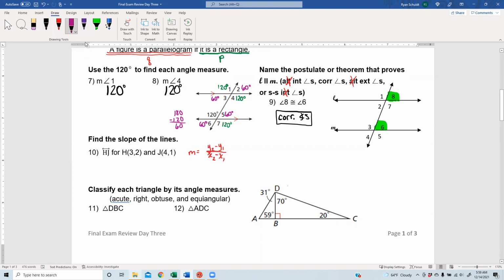So let's label our points: x1, y1, x2, y2. And then we can plug into our formula. So 1 minus 2 over 4 minus 3. It's going to be negative 1 over 1, which is negative 1.